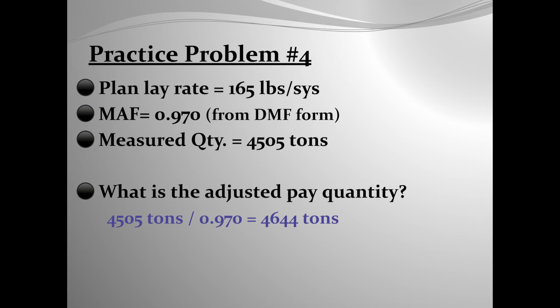For this one, your measured quantity is 4505 tons. So you want to calculate your adjusted pay quantity. Take 4,505 divided by 0.970, and that gives you 4,644 tons. So INDOT's actually paying you for more tons than what you laid because you're using a lighter weight mix.